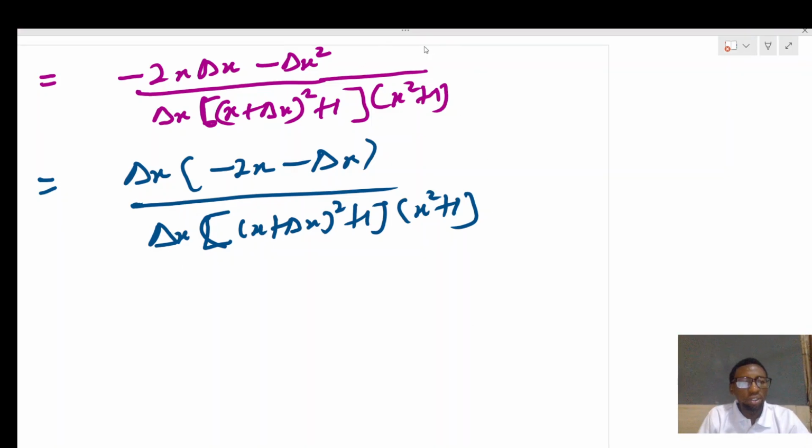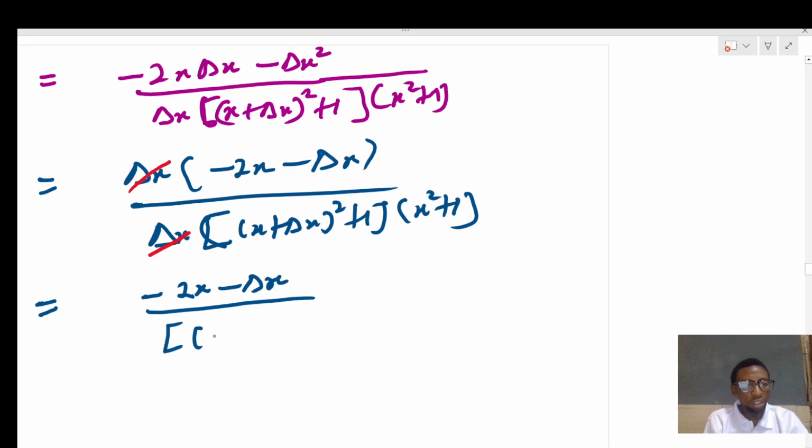I'll be left with minus 2x minus delta x over square bracket x plus delta x all squared plus 1, then x squared plus 1.